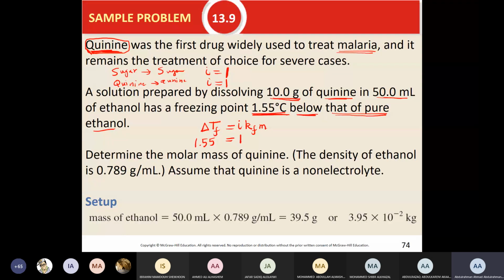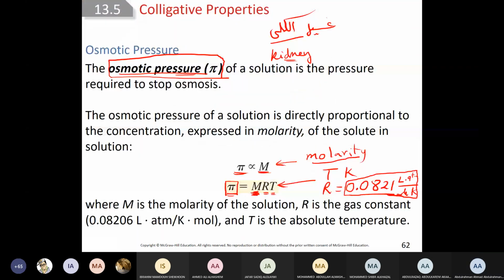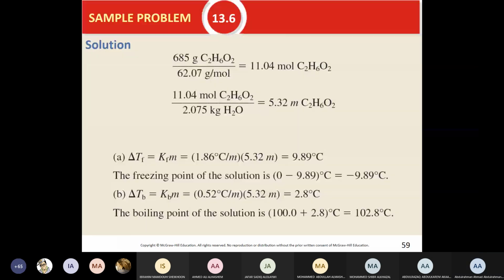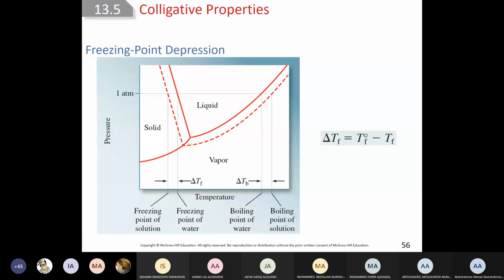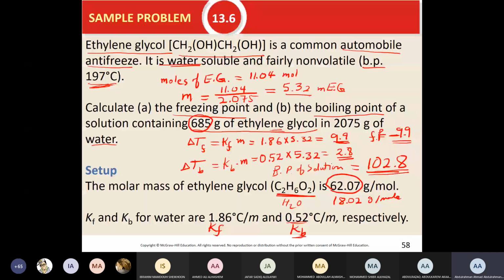It must be given. Let's go back to this table. Okay, this is ethanol, that's K_f. Oh, this is K_b. So K_f is what? 1.99. Don't forget it.